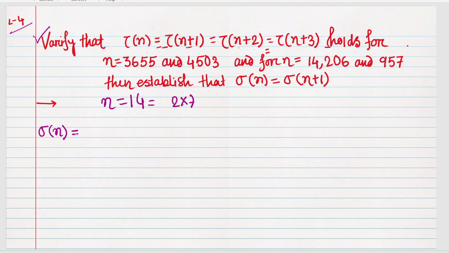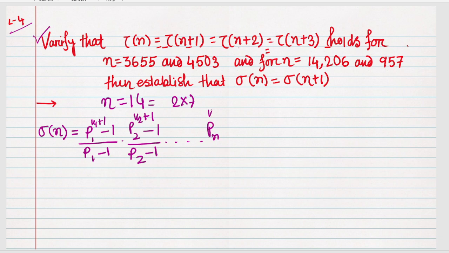We can write the formula that sigma of n equals (p1^(k1+1) minus 1) by (p1 minus 1), dot, (p2^(k2+1) minus 1) by (p2 minus 1), and so on up to (pr^(kr+1) minus 1) by (pr minus 1), where p1, p2, up to pr are the prime numbers of the prime factorization of the integer n.